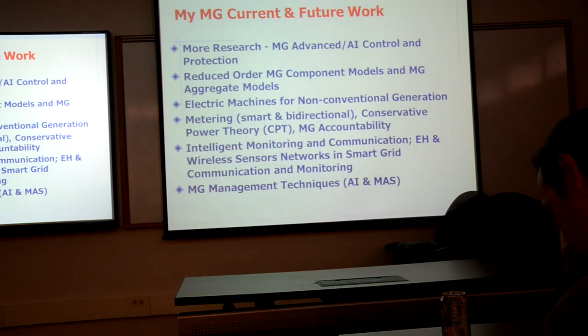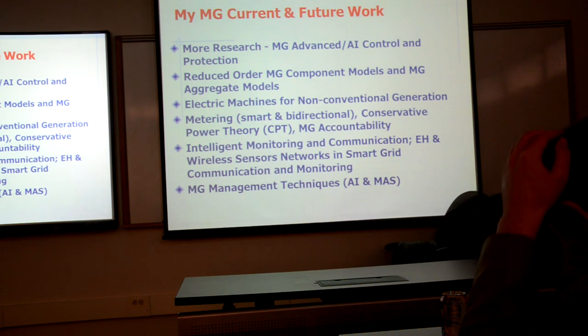So my future work is right now, I'm working to develop reduced order models for the major components that we have in the microgrid, from wind turbine, photovoltaic, storage elements, also for power converter.